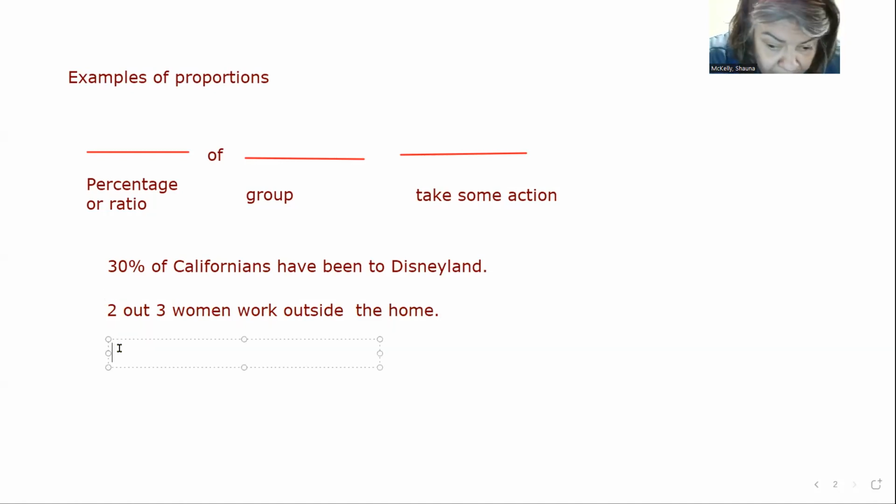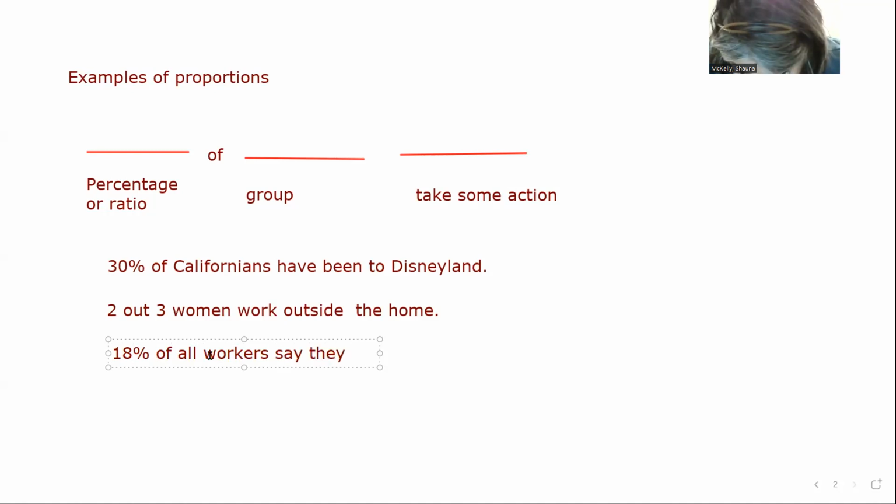Or maybe it's something like, let's say, maybe you have 18% of all workers say they want to return to the office full time.